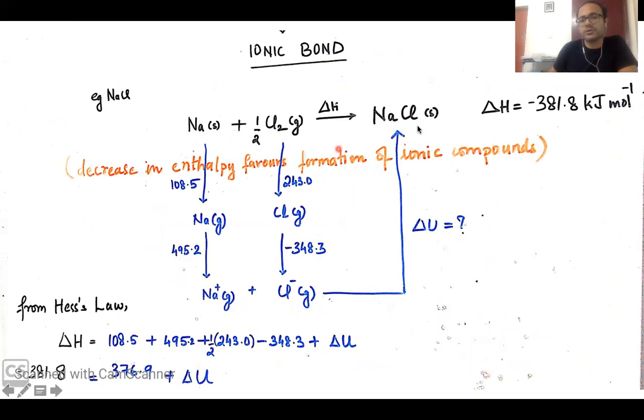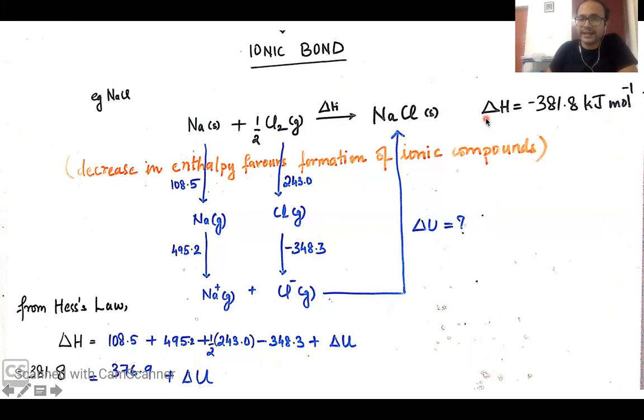Now, to form NaCl from its constituent elements, here I am trying to represent the states in which they exist. Sodium exists in the solid state, so I have written sodium as solid, combining with chlorine, which exists in the natural state as a gas. They combine to form sodium chloride, the ionic compound.